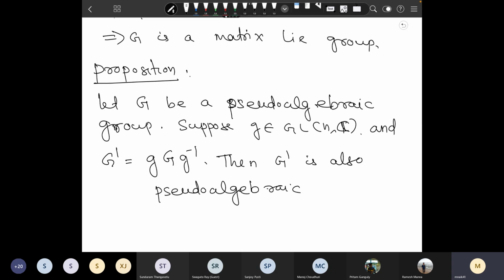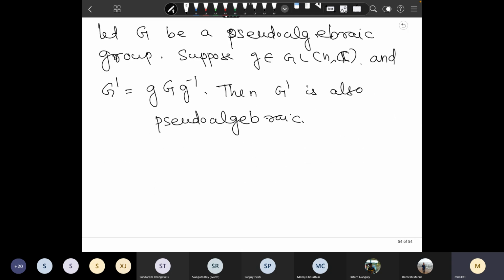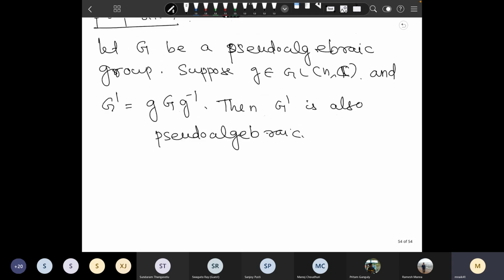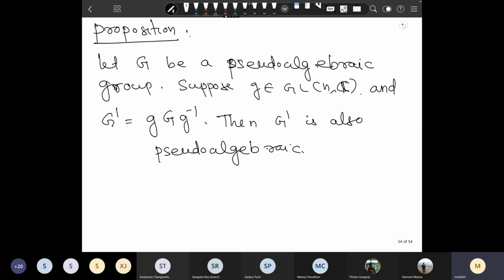Since we are multiplying g into G into g inverse, this is sort of a polynomial function. Therefore, you can feel that this G' is pseudo algebraic. But what is difficult is to write down the proof precisely. And actually, I think I will write down the proof only for complete.